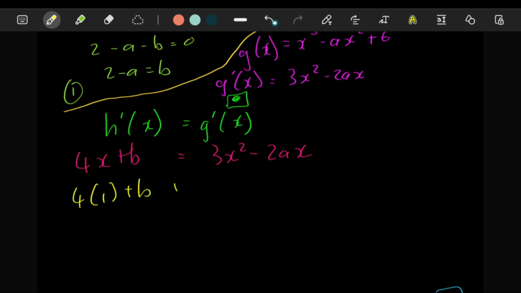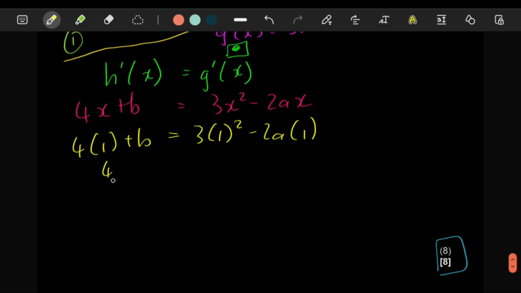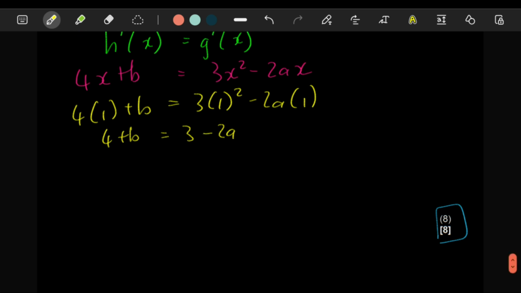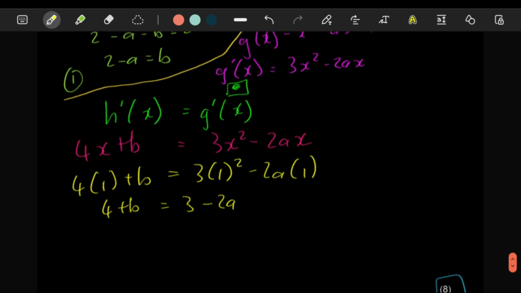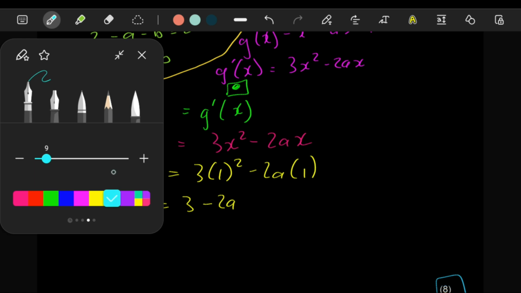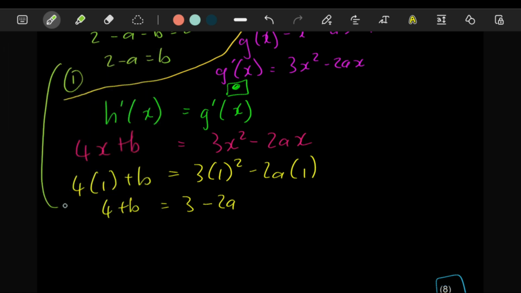So this is quite an intricate question, and that's why these papers are good practice, because you get to see all this intricate stuff. Anyways, this is 4 plus b, this is 3 minus 2a. Let's just throw the equation of b into it already.